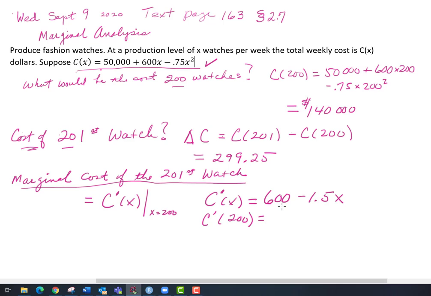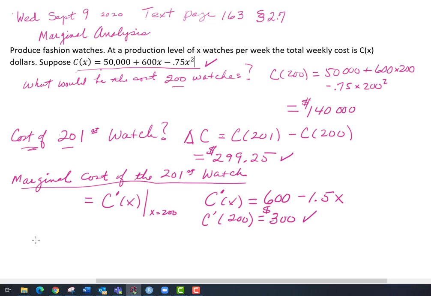That would be equal to 600 minus 1.5 times x, where x is 200, which is 300. So this is the exact cost, and this is called the marginal cost of the 201st. C prime of 200 tells me what the next unit of production is going to cost.